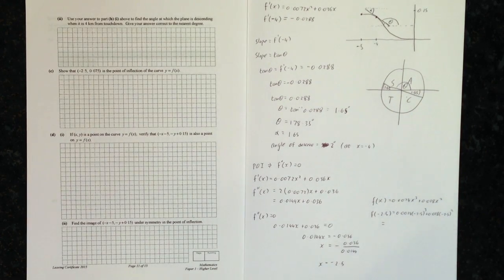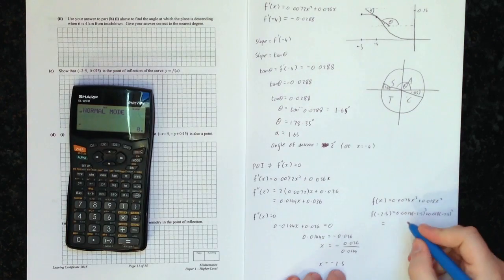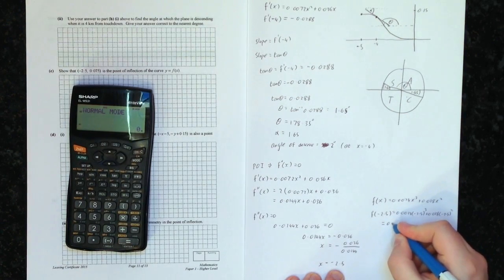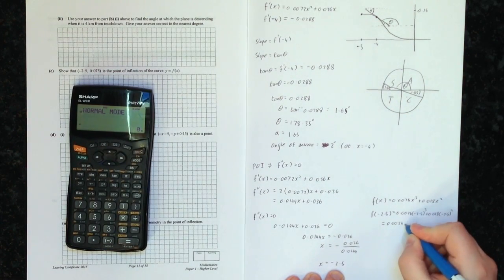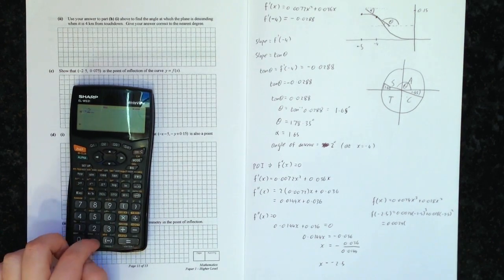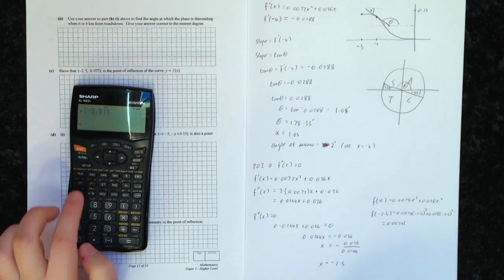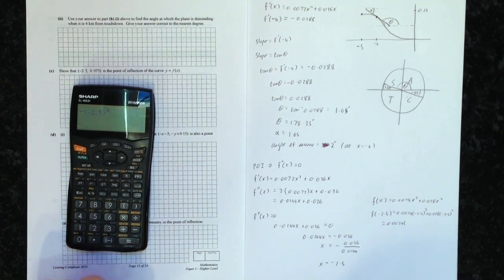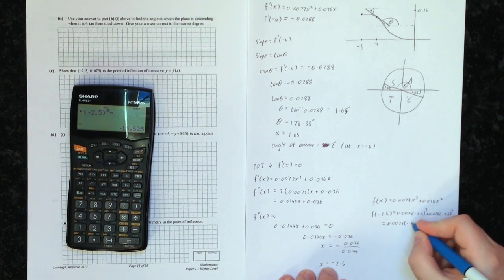So that will be equal to 0.0024 multiplied by minus 2.5 to the power of 3, which is equal to minus 15.625.